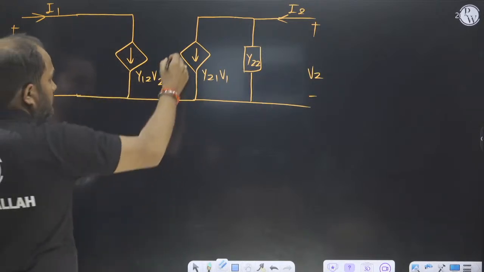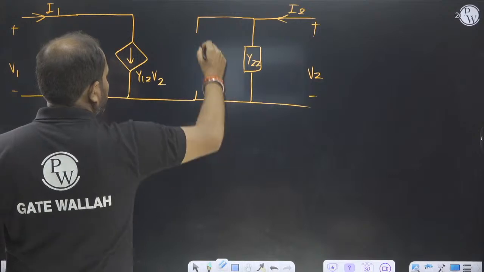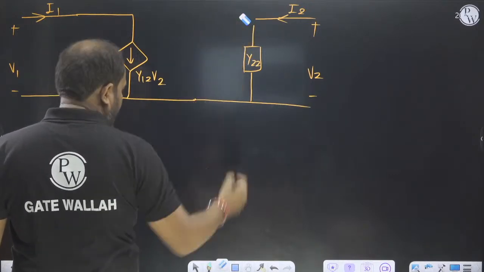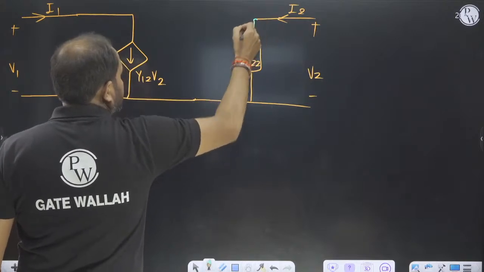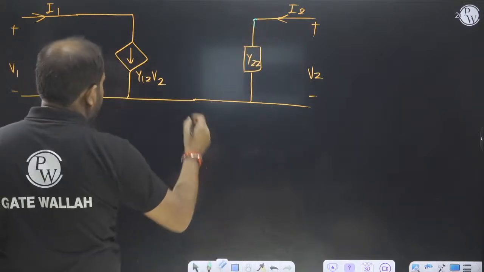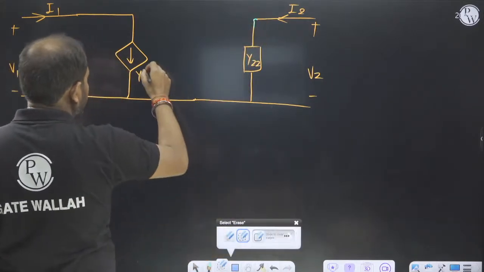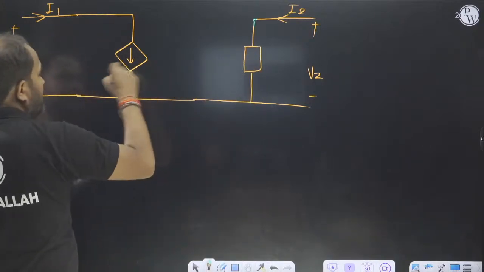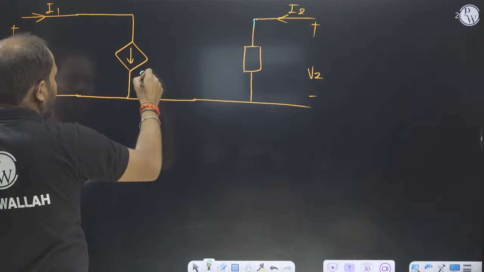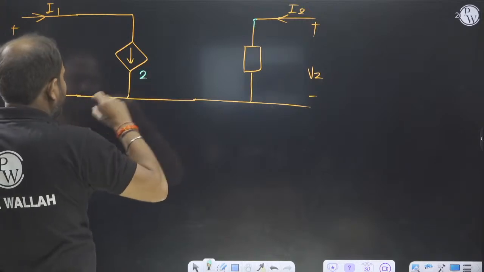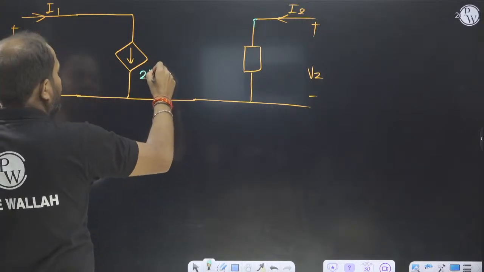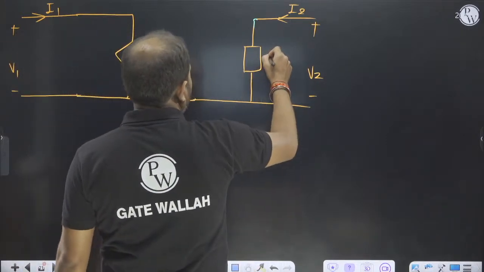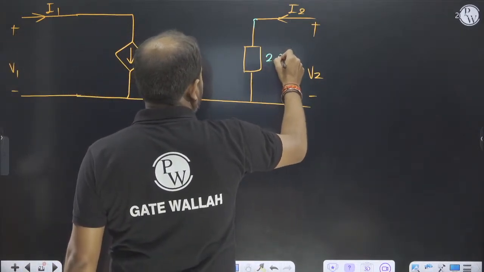Yes sir. They will ask the Y parameter. This one is 2 siemens, and this one is 2 siemens.